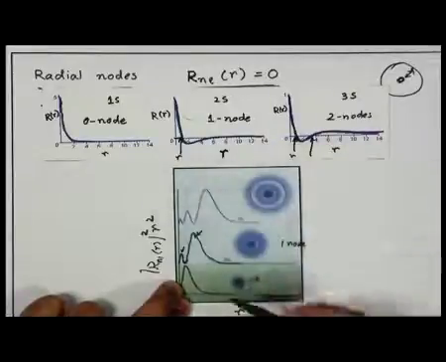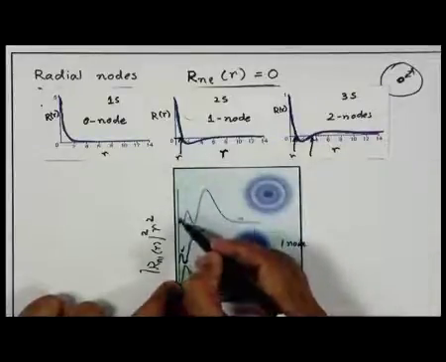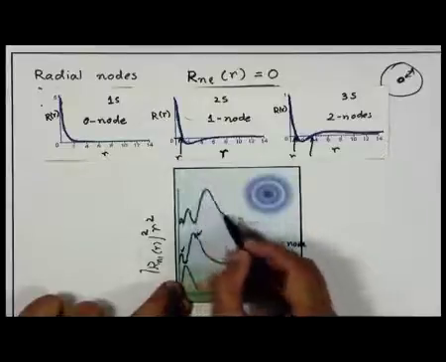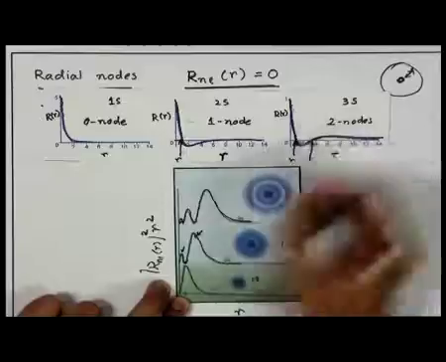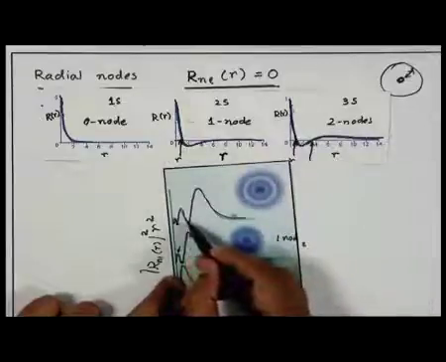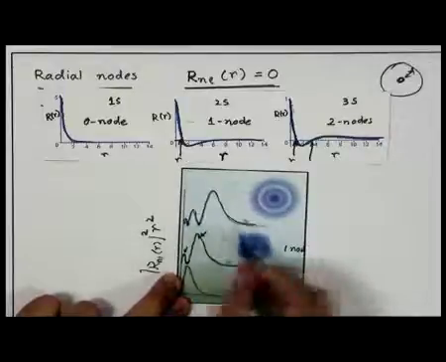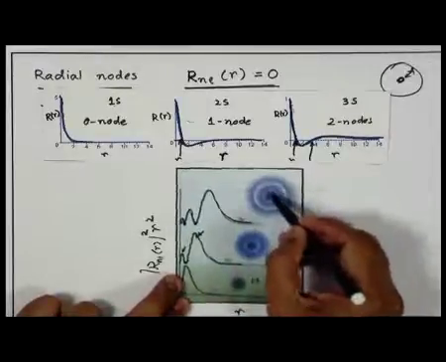When you look at the 3s, the radial distribution function has now 3 peaks. You can find this out, because there are two places where the wave function becomes 0, and therefore, there are two places where this probability density becomes 0. That means, there are nodes, and this is shown in this diagram this way.